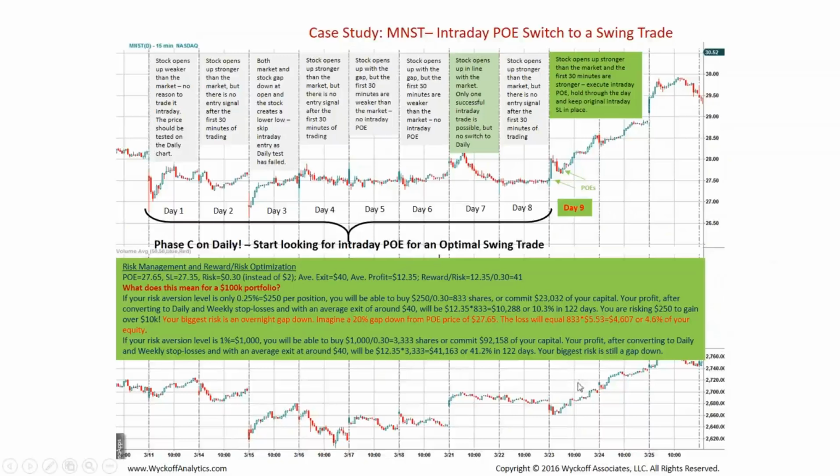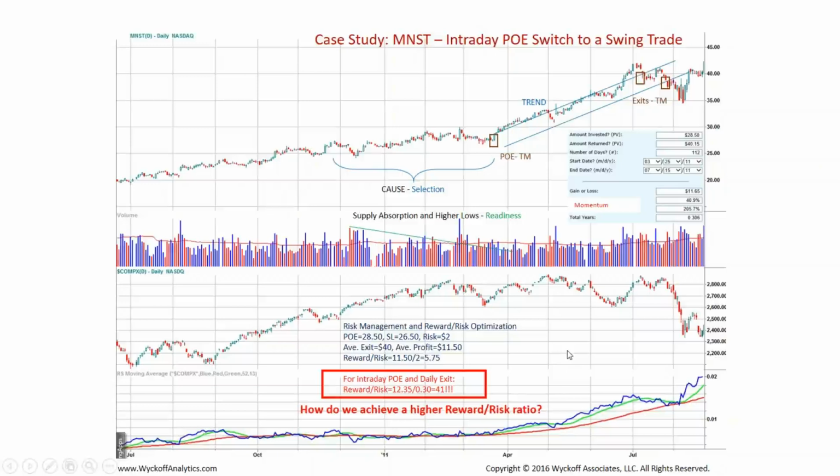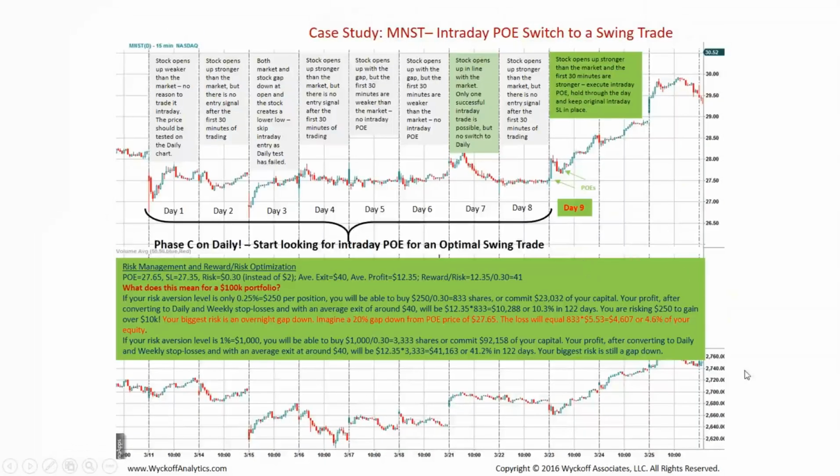And it all starts with understanding the structure, the long-term structure, like this stepping stone, prior leadership, resumption of the leadership, intraday entry, keeping the position on until it's done, and creating a very sizable position based on the initial risk, which is very acceptable to us.